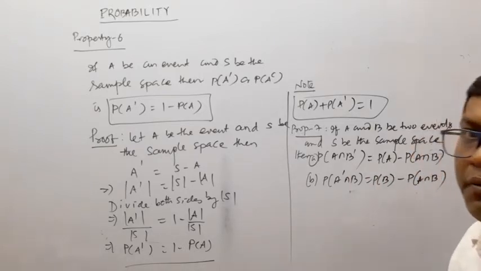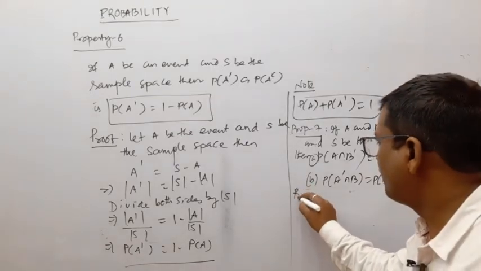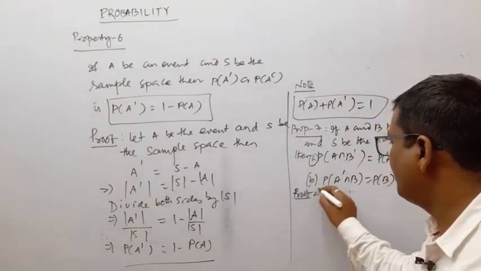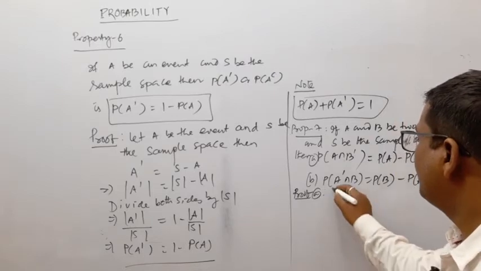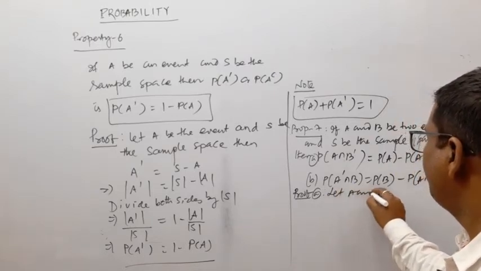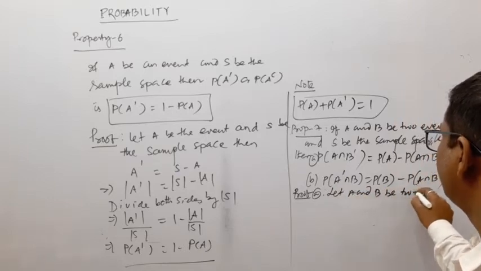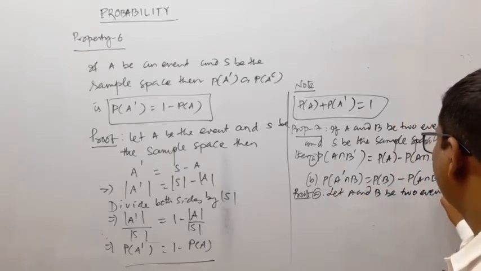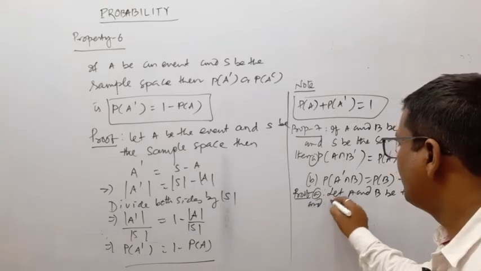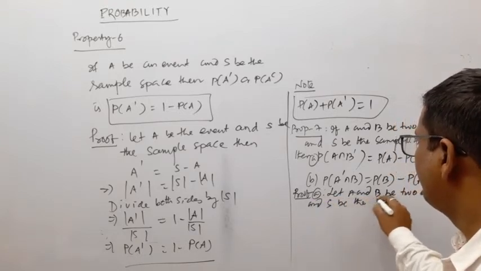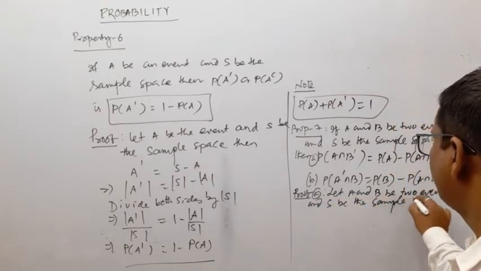Now proof of this property. Let A and B be two events and S be the sample space.